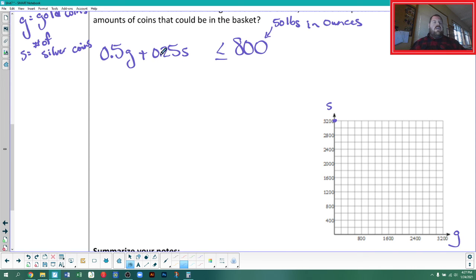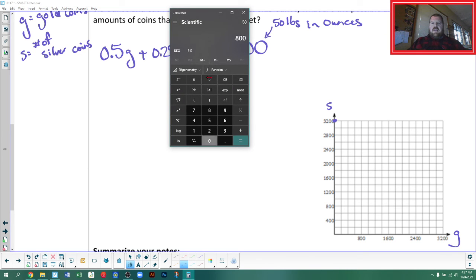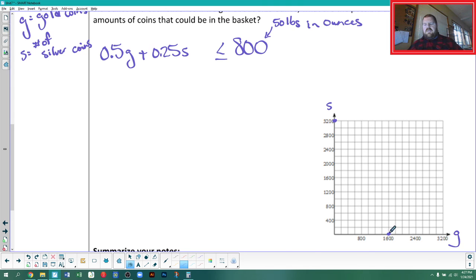For my G-intercept, I'm going to cover up the 0.25. So I'm going to take 800 divided by 0.5, and we get 1,600 for a gold intercept. Okay. And again, this was a solid line because of the or equal to statement.